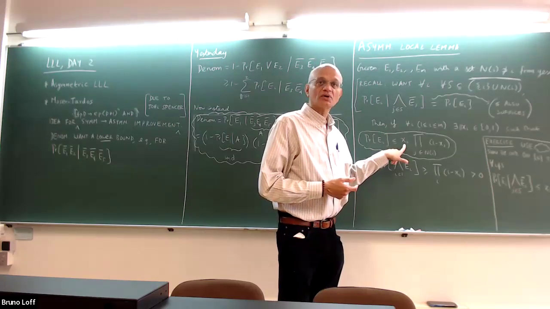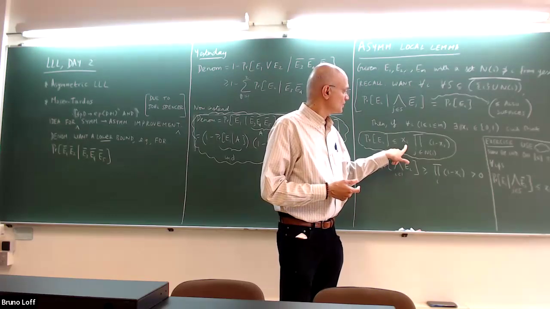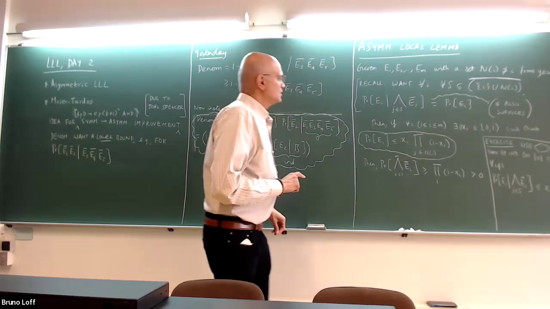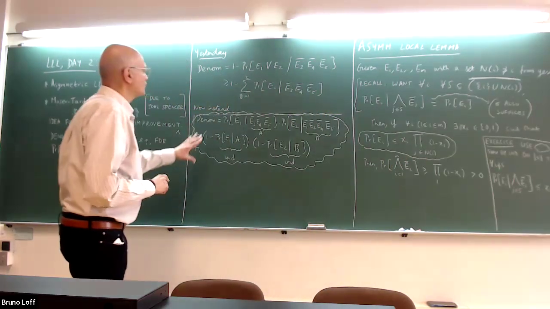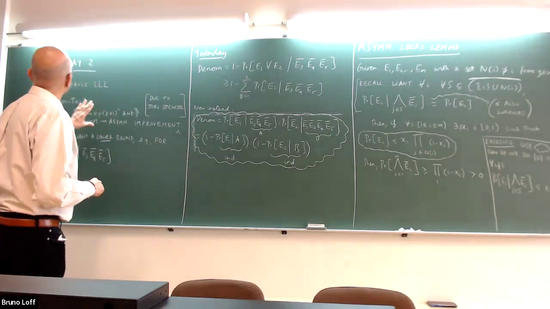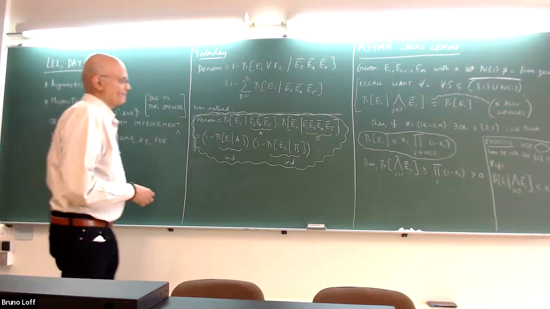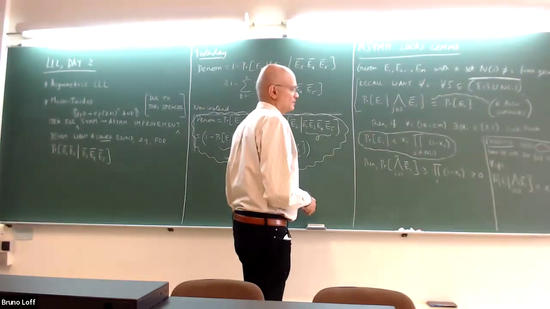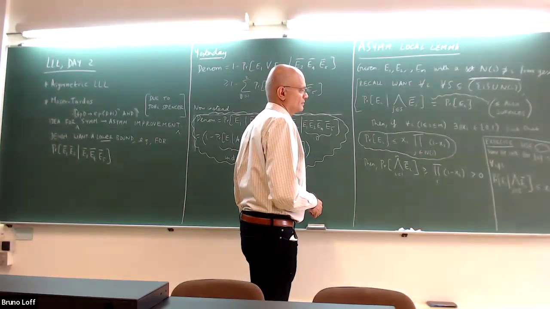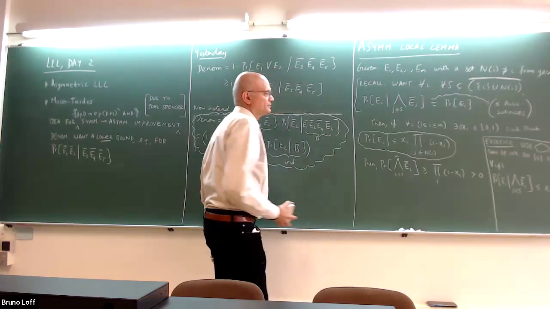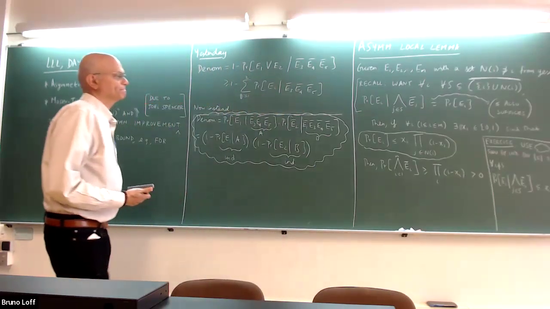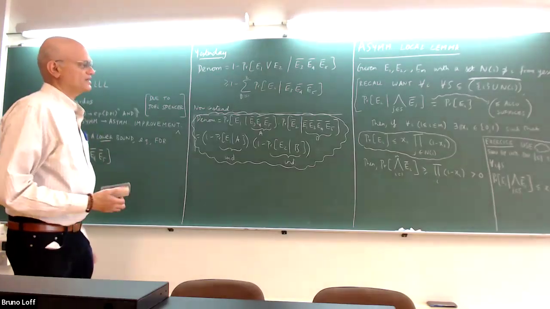I'll also give you an excellent reference for a book on the local lemma. So it's not just on the local lemma, but okay. So I'm going to erase. Let's start with erasing the leftmost. How to come up with these x_i's.